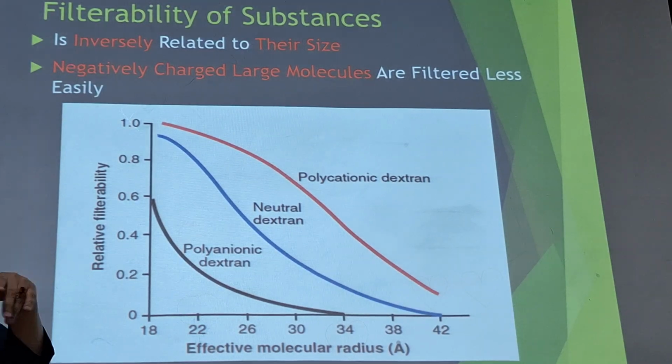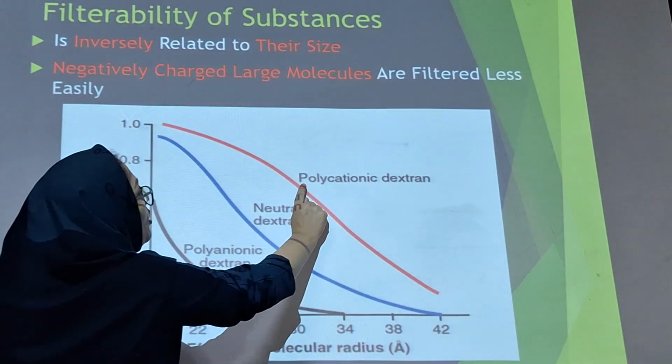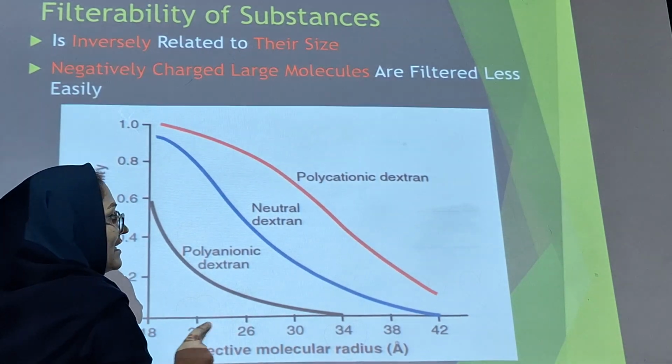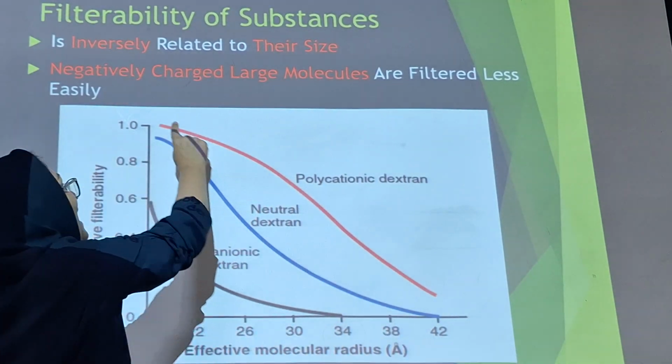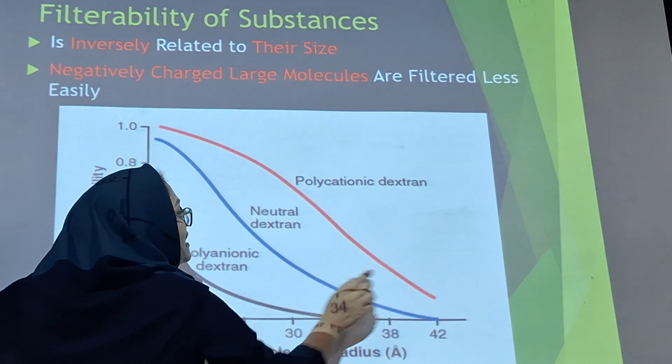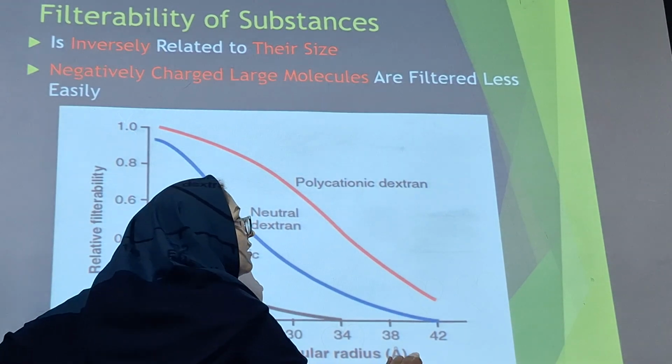Now pay attention here. Polycationic dextran with different sizes. As you can see, filterability decreases with size.